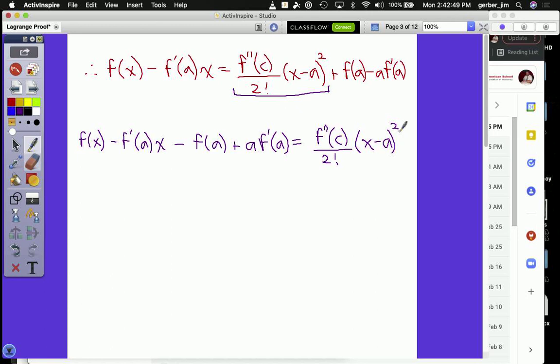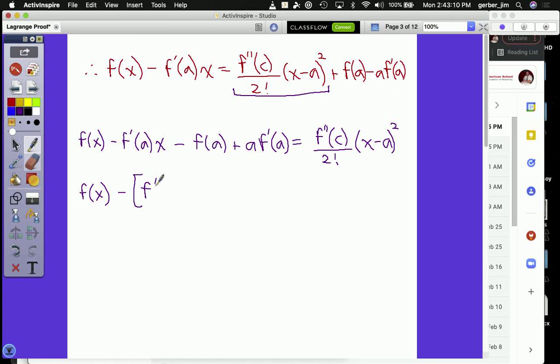Now I'm going to group these things together. I'm going to keep the f at x outside, and I'm going to subtract. And what am I going to have? Well, here I've got f prime at a. Let me do this in 2 steps. I don't want to confuse you.